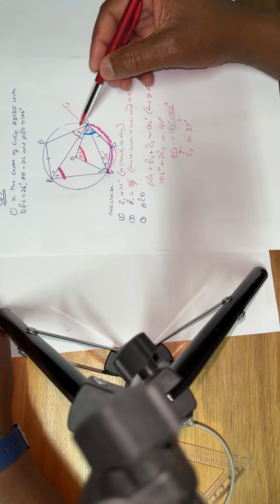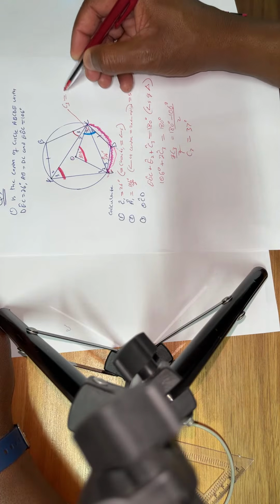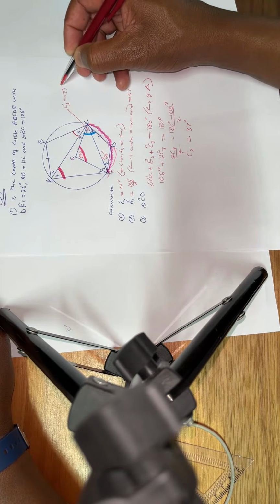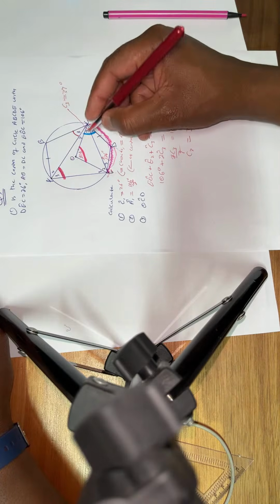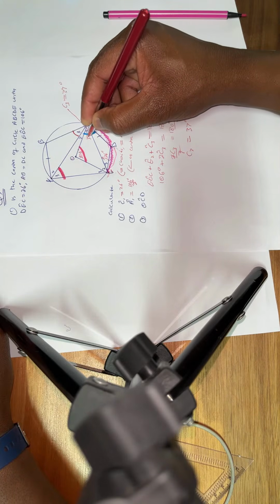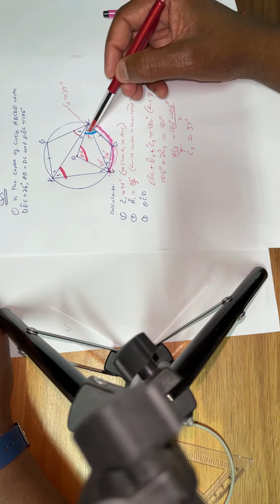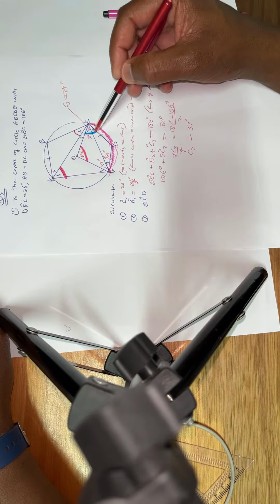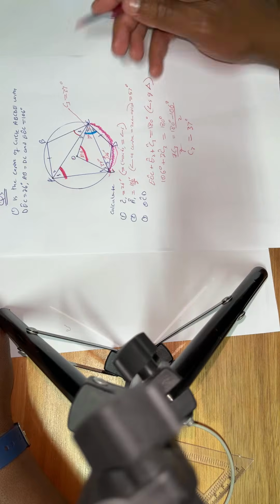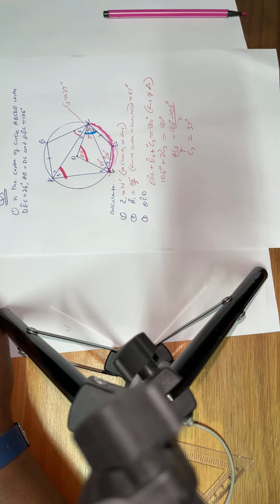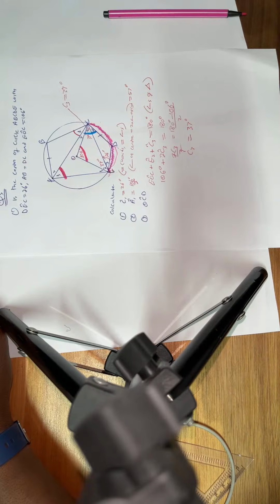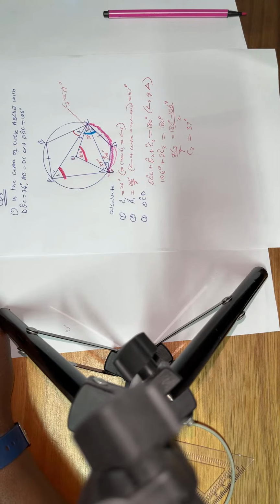So here we got 37 degrees. Meaning this will be 37 degrees and this will be 37 degrees. If we add all these angles inside this triangle, we can get 180 degrees. So let's check. 106 plus 37 plus 37, you get 180 degrees, right?